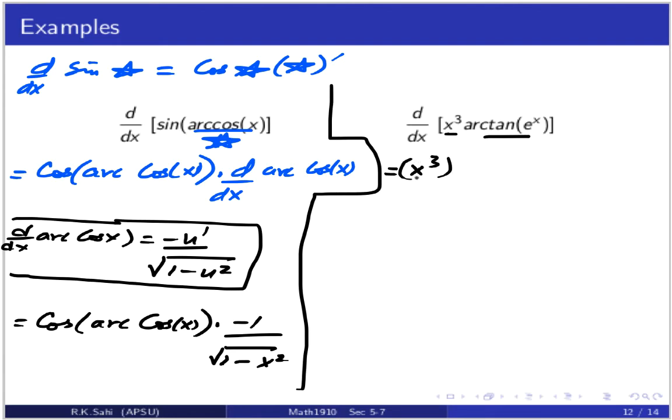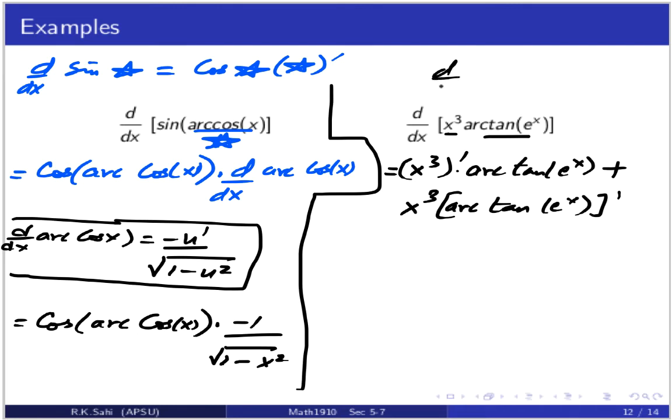Differential of x cubed times arc tangent e to the power x, plus x cubed times the differential of arc tangent e to the power x.